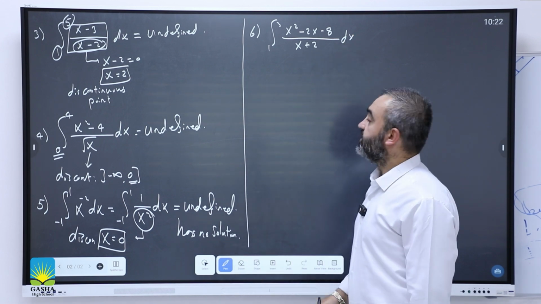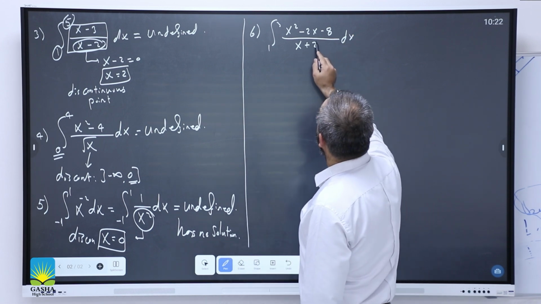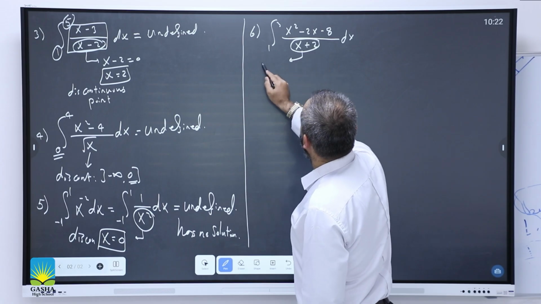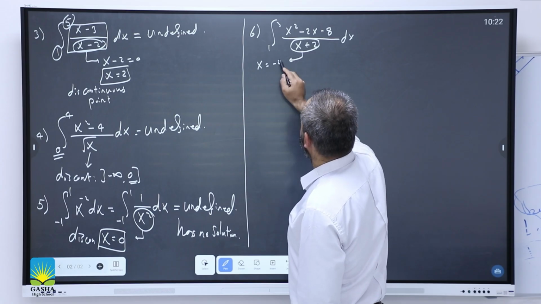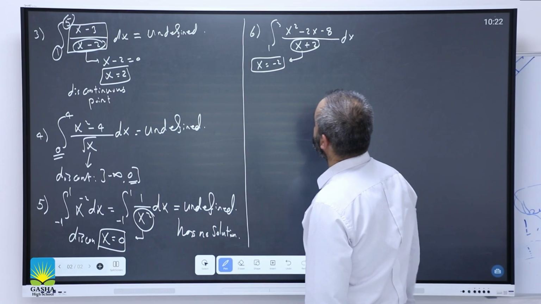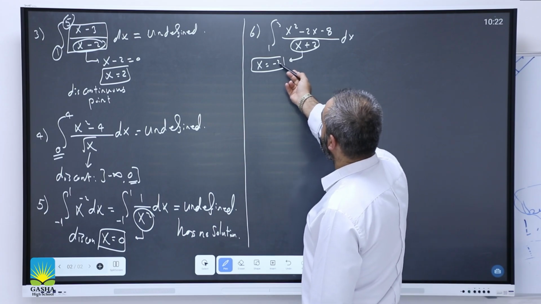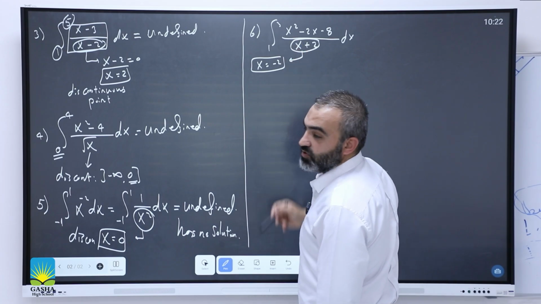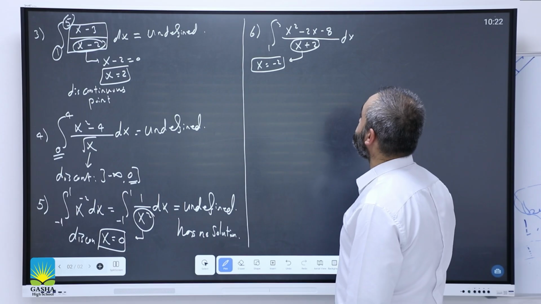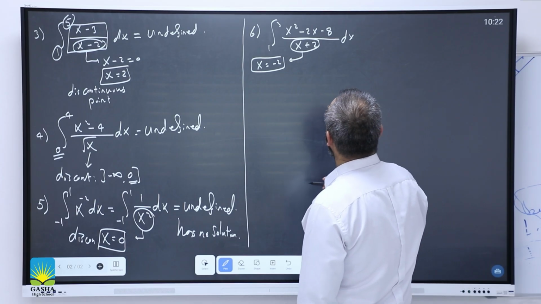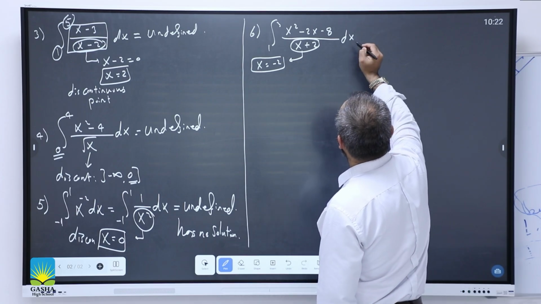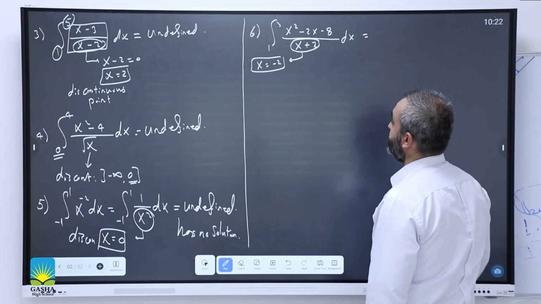How to solve this? We have the discontinuous point x equal to negative 2, right? But negative 2 is not included in the interval 1 to 3, so we can solve it here.